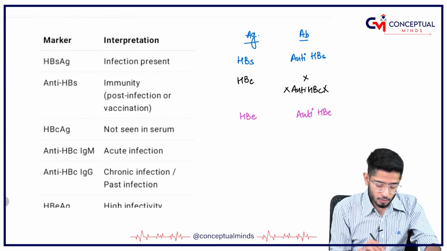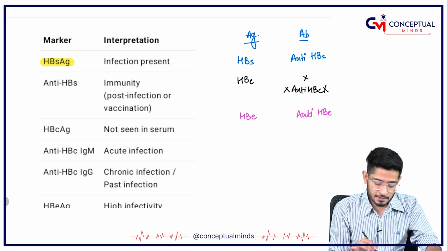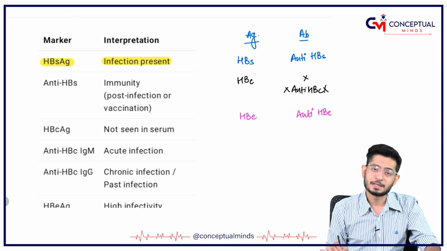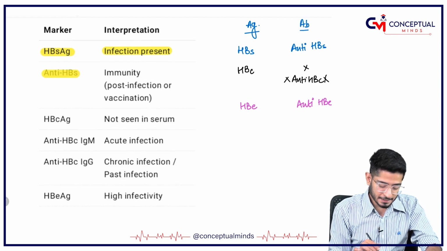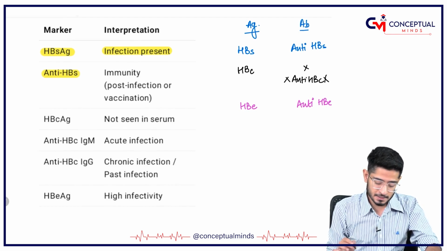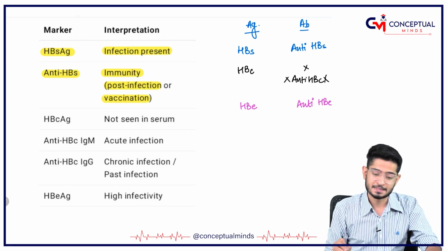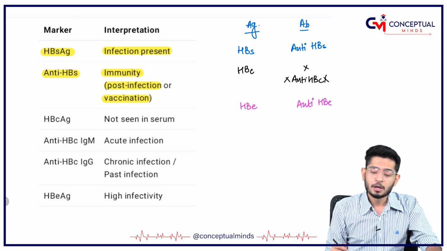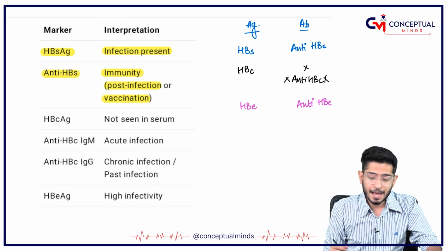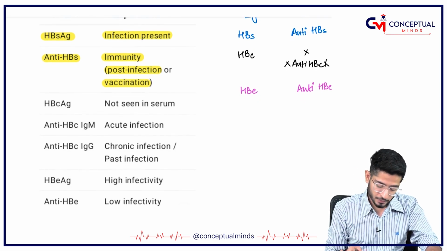Remember, if you are having HBs antigen inside the body, it suggests that the infection is present. Okay, and if there is anti-HBs which is present, that means the immunity has developed post-infection or even post-vaccination. Somehow the immunity is there.